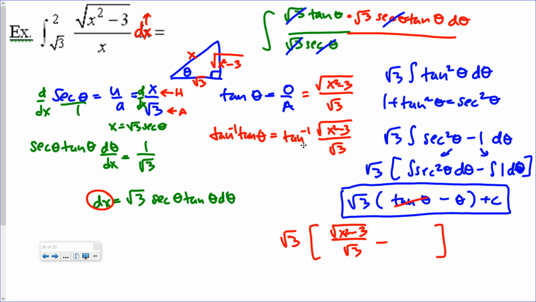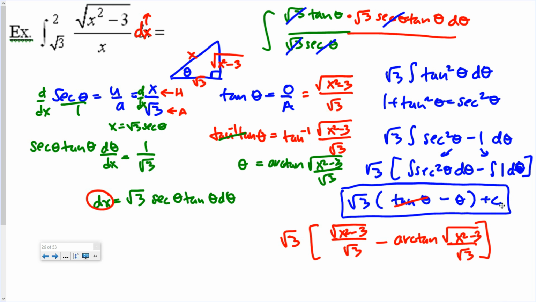So these are going to cancel out, and all I have left here is the theta. And on this side, I have the arctangent, also written tangent negative 1, of square root of x squared minus 3 over square root of 3. So theta is equal to the arctangent of square root of x squared minus 3 over square root of 3.